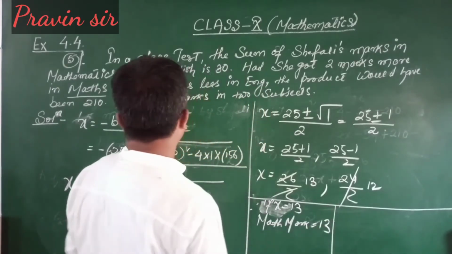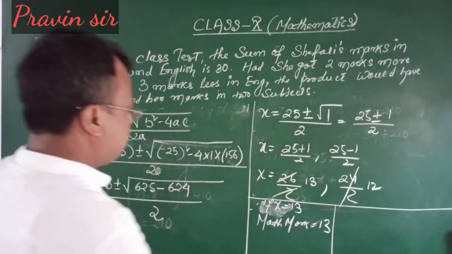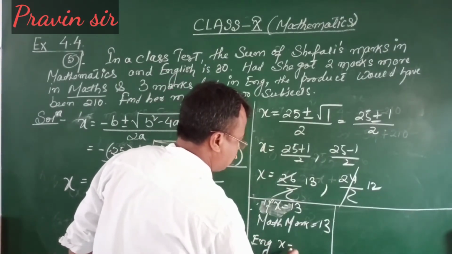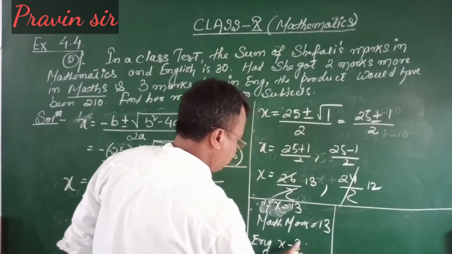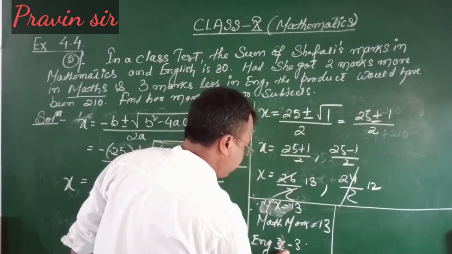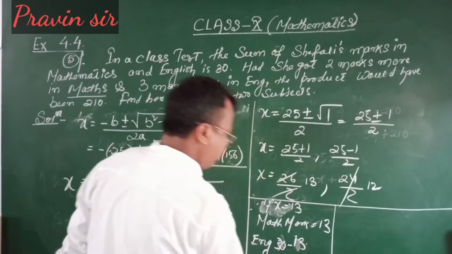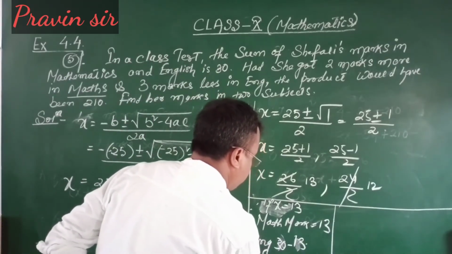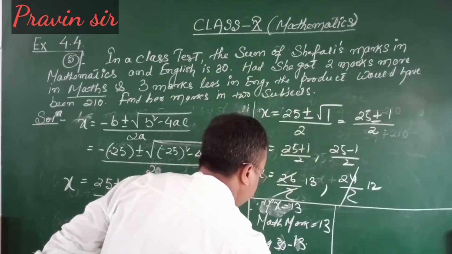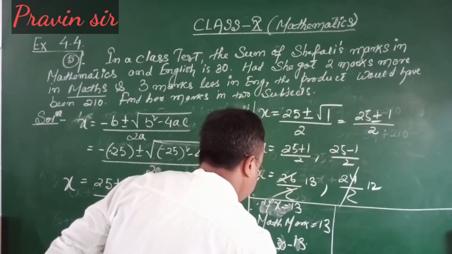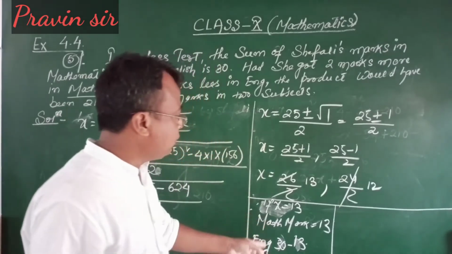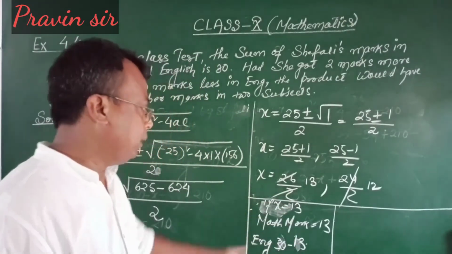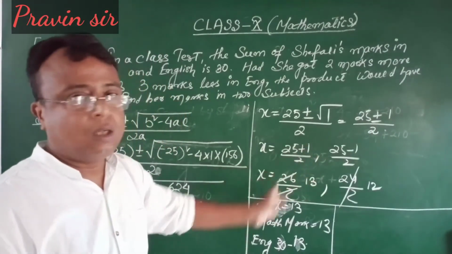Then what will be the English mark? English is 30 minus x. That one we supposed or not? So 30 minus 13 is equal to 17 marks. So marks scored in mathematics is 13 and marks scored in English is 17. If x is equal to 13, both we can take.